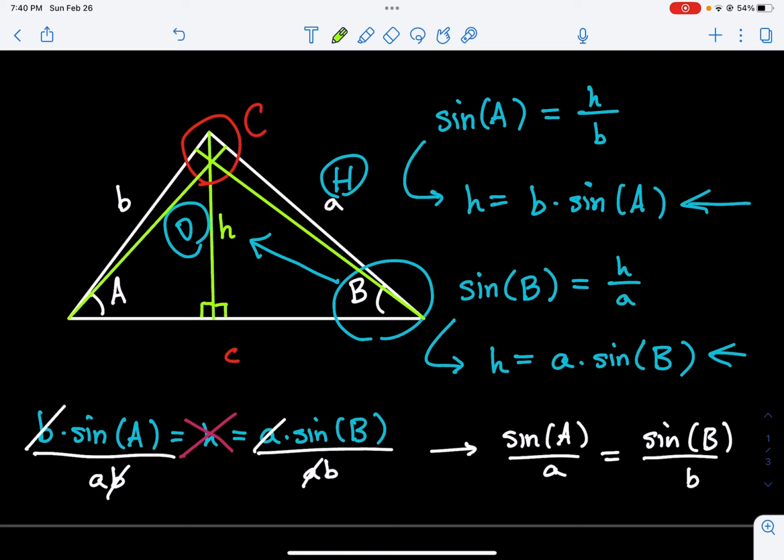Could have drawn the other two altitudes, and that would have created a relationship between A and C or B and C. And so it would give us the same exact relationship, which tells us that sine of capital A over little a is not only equal to sine of big B over little b, it's also equal to sine of big C over little c by the same exact logic and mathematics.